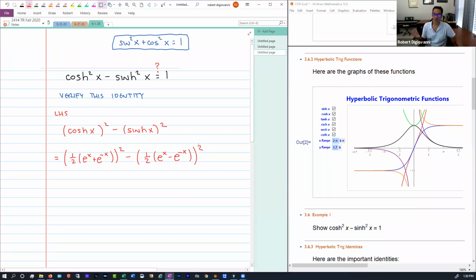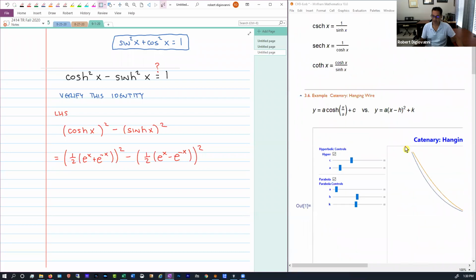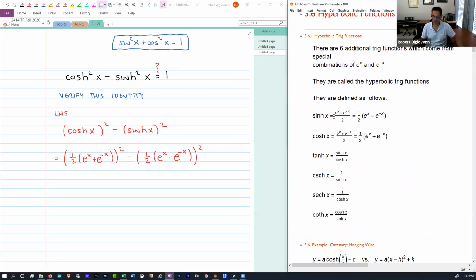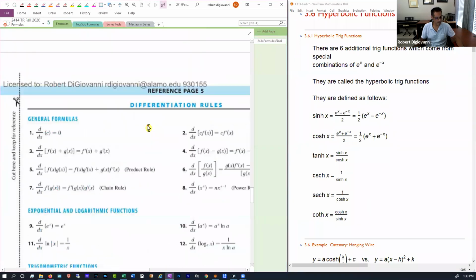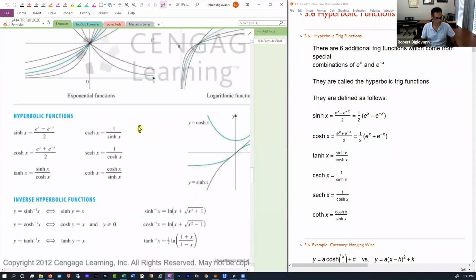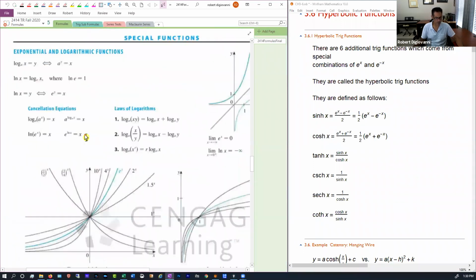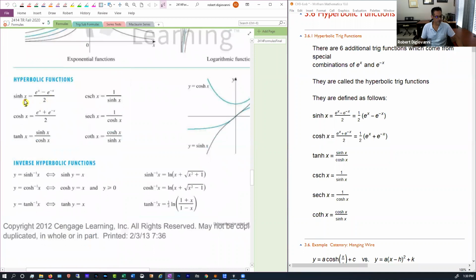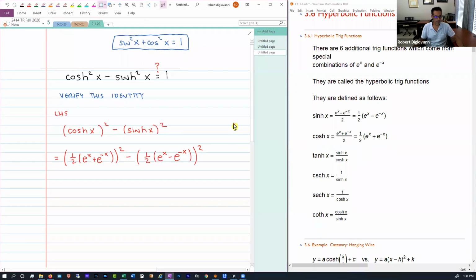So all I'm doing right now is writing down the definitions of those functions, which came from these first 2 lines right here. Those are also in your formula sheets, on reference page 4, hyperbolic functions. It gives you the definitions of sine hyperbolic and cosine hyperbolic right here. All right, we good up to this point?